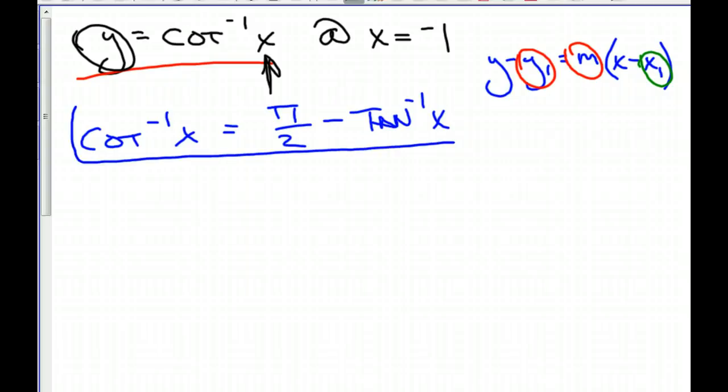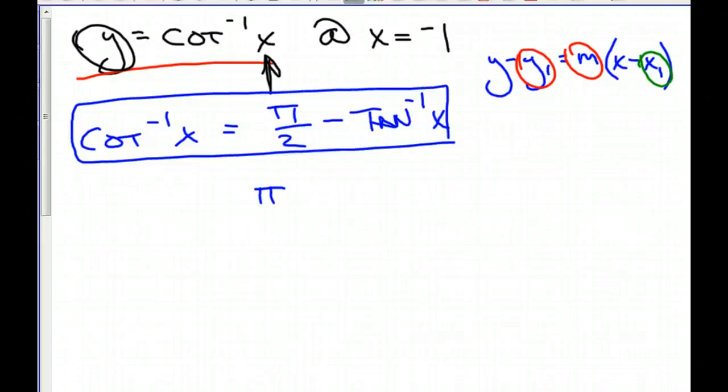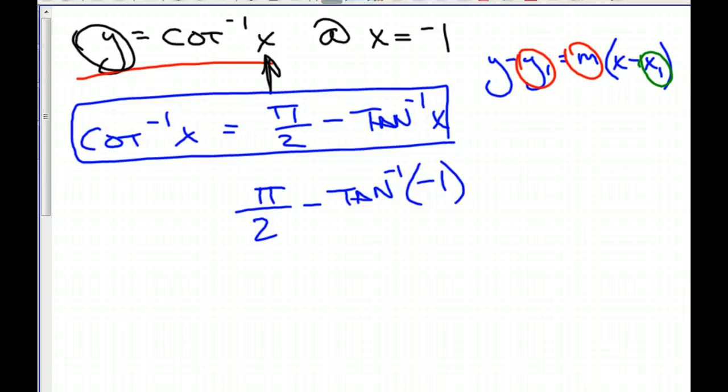So we're going to use that identity from the top of page 174 in order to first of all find what our y value is. So instead of an x here, we're going to put a -1 in. So we've got pi over 2 minus the arctangent of -1. All I did was take my -1 that my x represents and stick it in there.